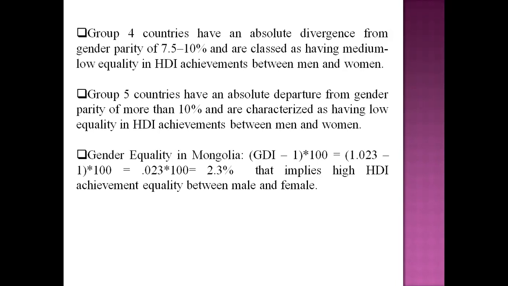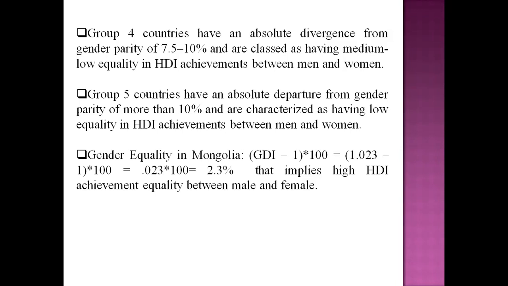That means when the absolute deviation is 7.5% or more but less than 10%, the HDI achievement between men and women is of medium low equality. There is an inequality. And when it is larger than 10%, there is a high incidence of discrimination in education, health, and income between male and female.